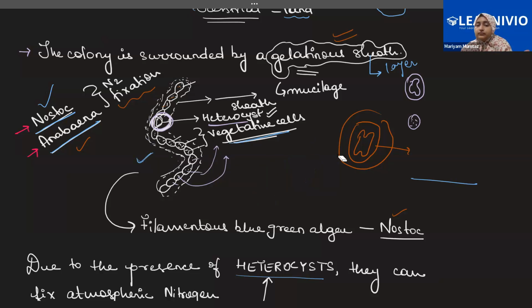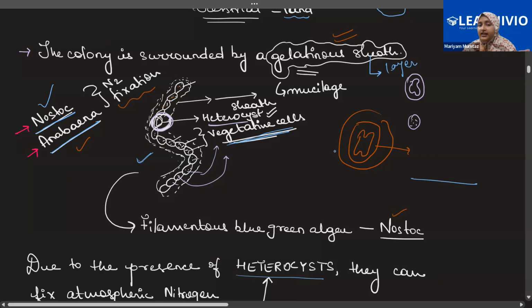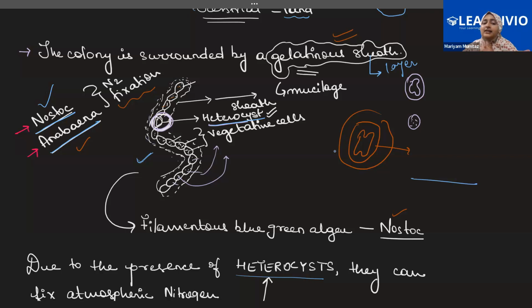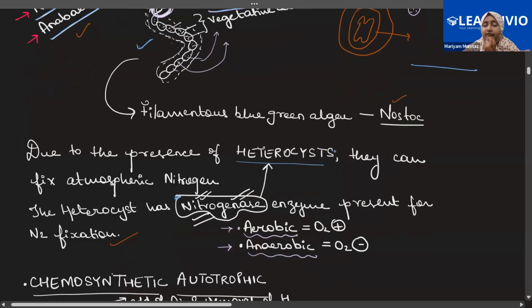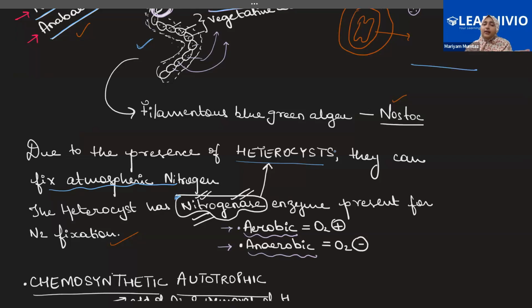The filamentous shape has two types of cells present. The first is the vegetative cell, which is the normal cell. Then there is the special cell known as heterocyst. Heterocyst is a very special cell, and it can fix atmospheric nitrogen, meaning nitrogen fixation can be done by the heterocyst.